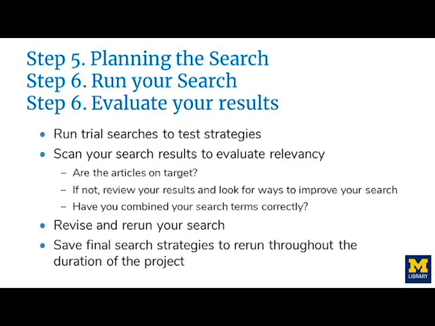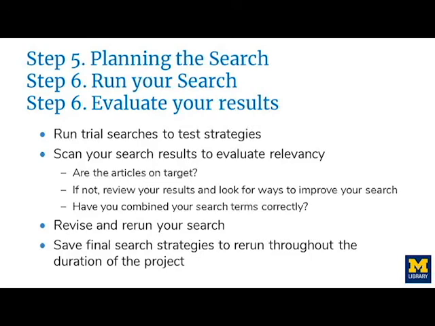Okay. So planning the search. We have running trial searches. This is really, really important. Once you have a search strategy, run some test searches. Is it working? As you're doing your search, are you finding new search terms you can add? That can be really helpful. Scan your search results to evaluate relevancy.